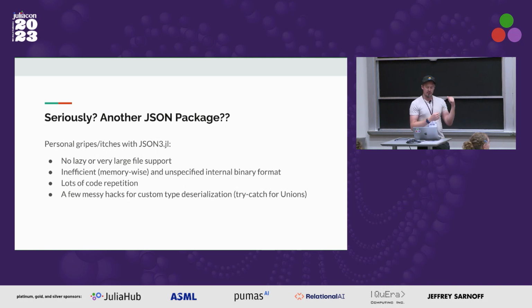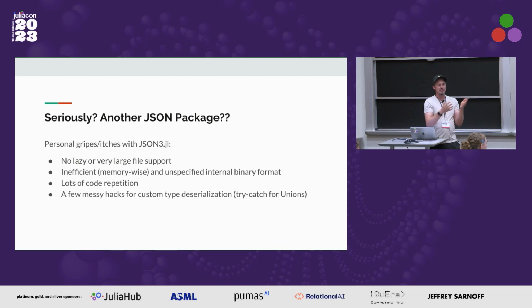The other thing is it has this cool internal tape format that it uses when you just call JSON3.read on JSON. It gives you back this JSON3 object or array, but under the hood it's actually a binary format, based on the binary format in simdjson from Daniel Lemire. But the more I was looking at it, it's actually not a great format.